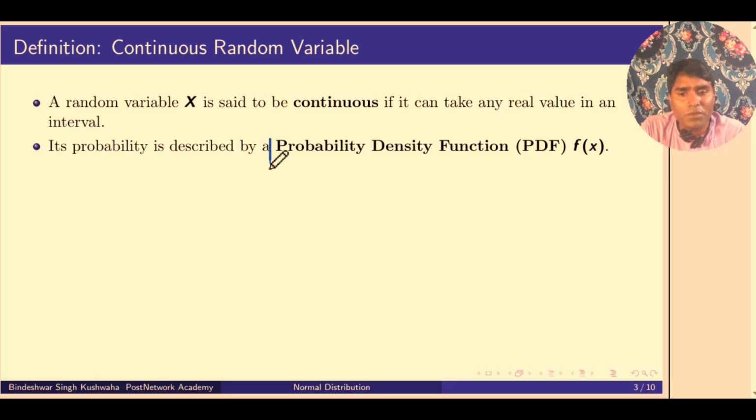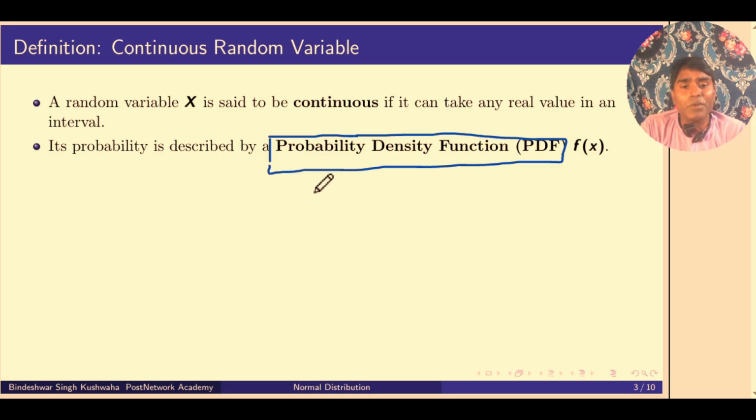So here you need to know, for a discrete variable we use the term probability mass function, but for continuous we will use probability density function. So normal distribution will have probability density function, but binomial, Poisson, negative binomial, hypergeometric, geometric, Bernoulli, these will have probability mass function.